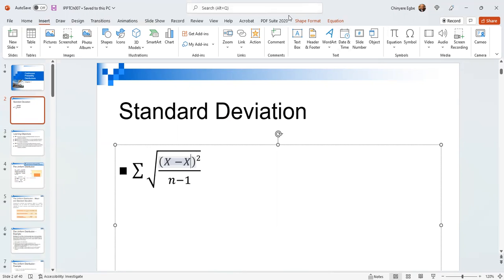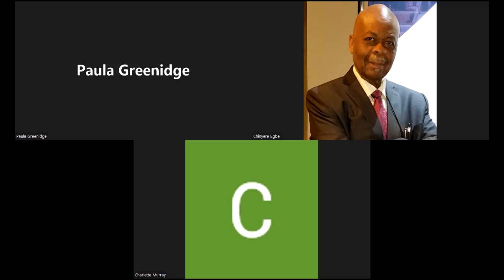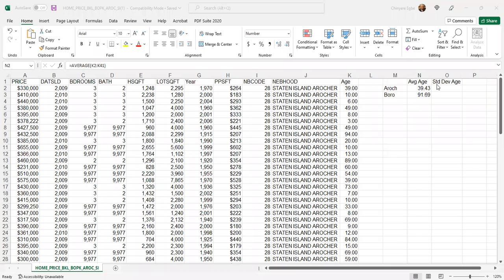In any event, I'm going to do it using Excel. So I'm going to pull up the Excel file again. And the standard deviation, we're going to use the formula for standard deviation from Excel. Okay. But the formula for standard deviation is in your PowerPoint slides.